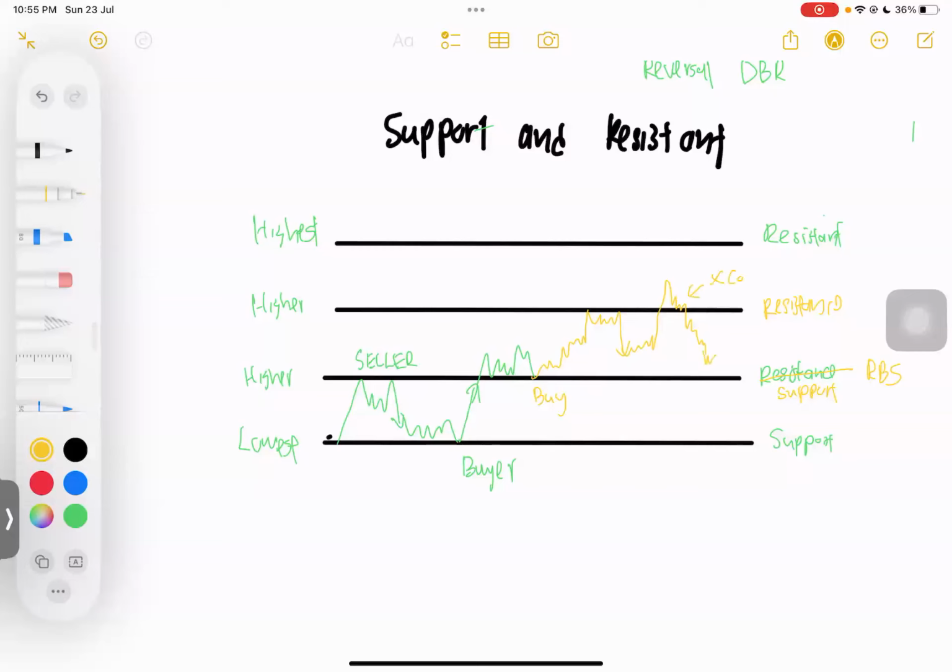But it doesn't, it comes down again. After you break the support, this will become the resistance. Now it has become the resistance already. So this one will become the support, then resistance again. Understand? So we've got four: resistance, support, support becomes resistance, and resistance becomes support.